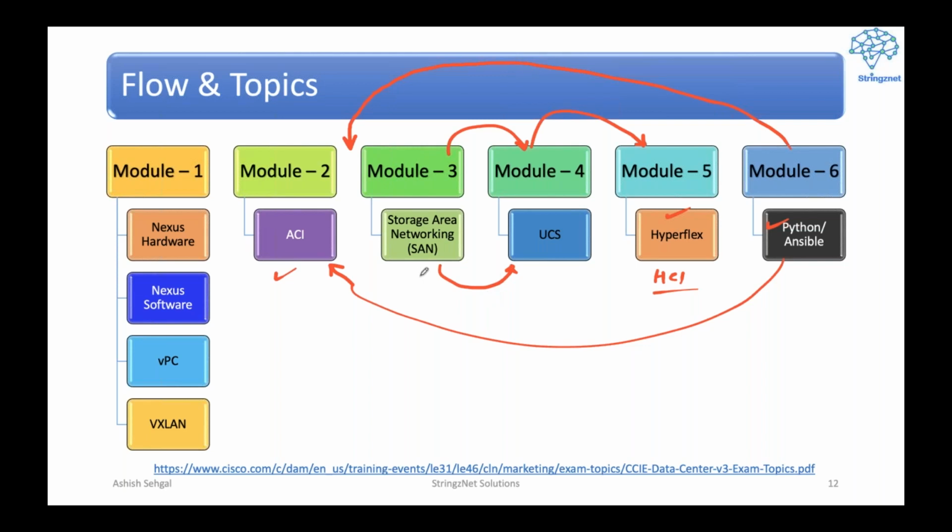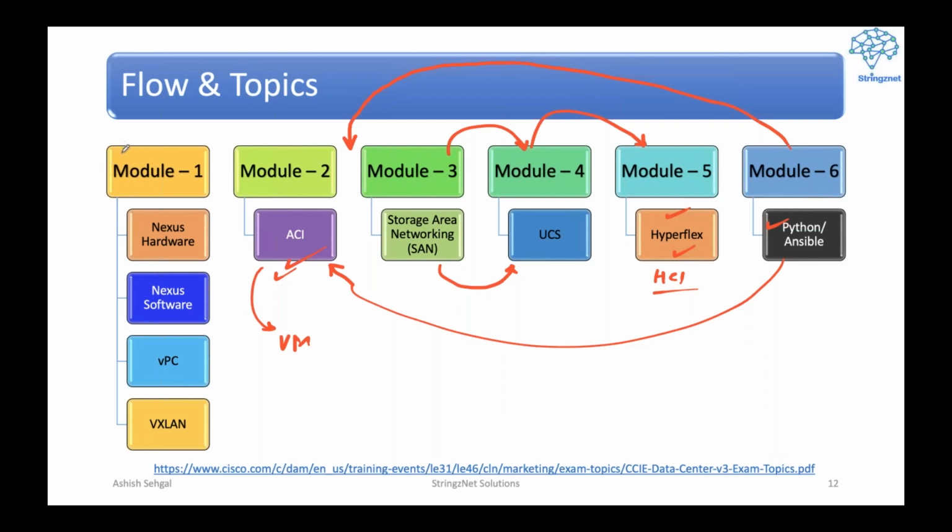And of course, it is very important to do our ACI prior to doing this. Why? Because ACI gives us first hands-on knowledge about VMware or network virtualization, which is indeed very important in case of Hyperflex. So you can say that all these modules are interdependent to each other.